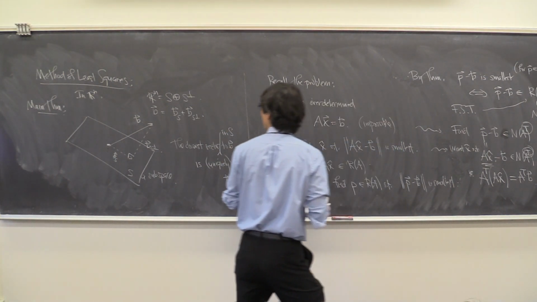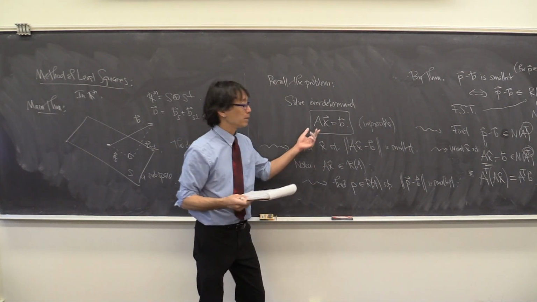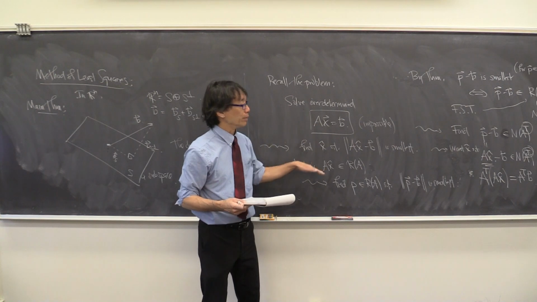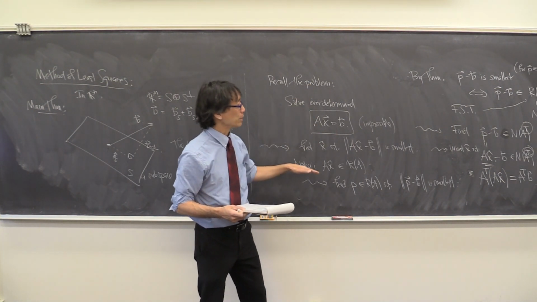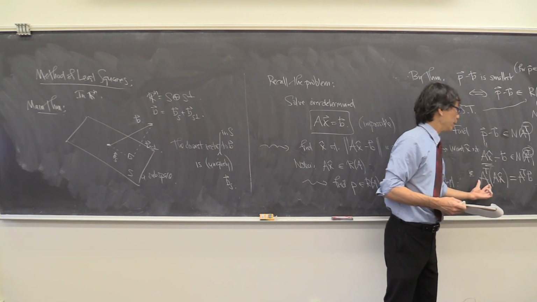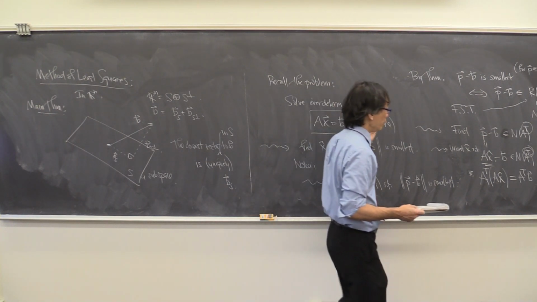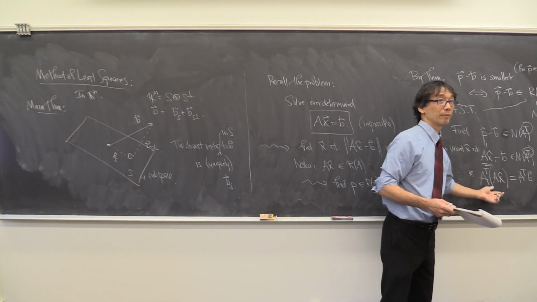Okay, so you see that basically we started off with this problem, which was impossible to solve. It had too many rows. And then what we did was we multiplied everything by A transpose. We said, well, that's impossible, but in fact, this is actually possible.